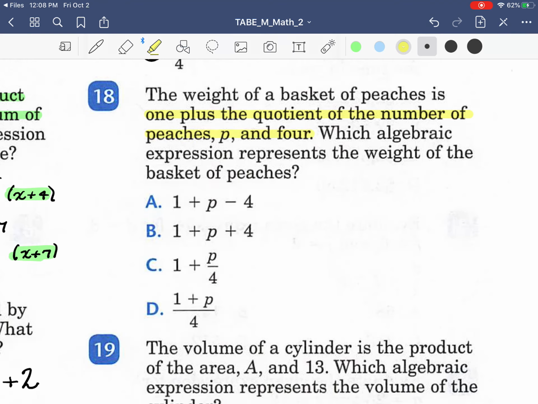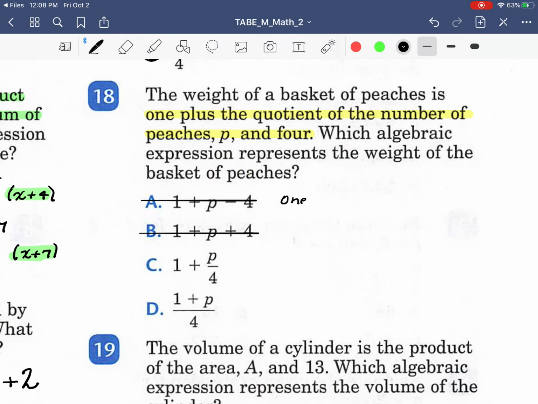I see the word quotient in there, so I know that there's division involved. I can eliminate A and B, because there's no division in those two. If I just had to guess, I'm guessing from 2 choices instead of 4. That's going to help me. But let's see if we can write this down and figure out what they're looking for.